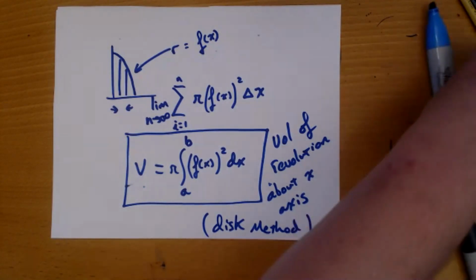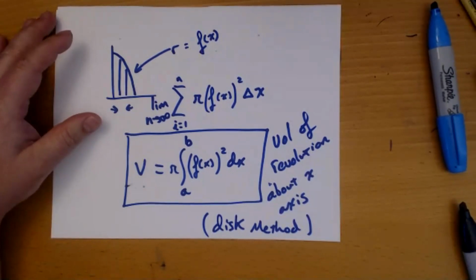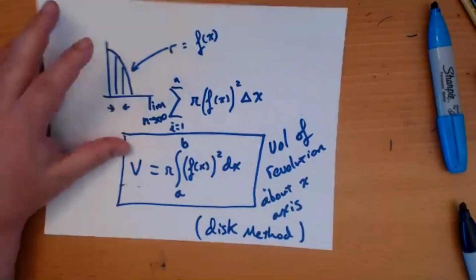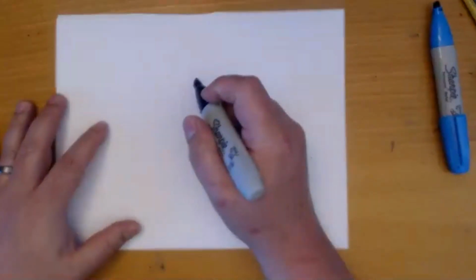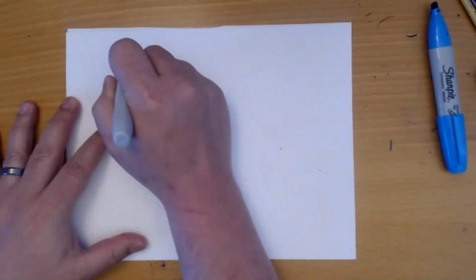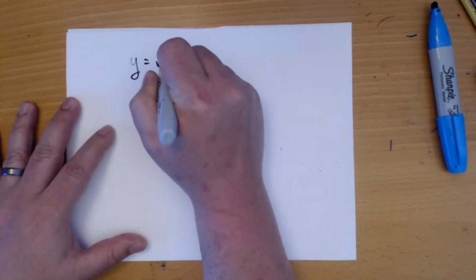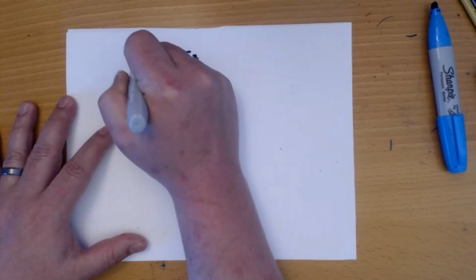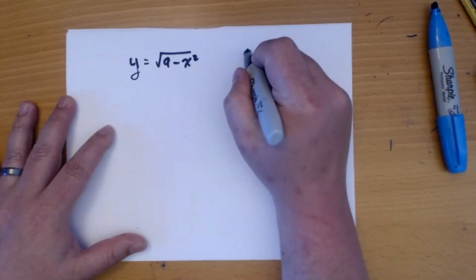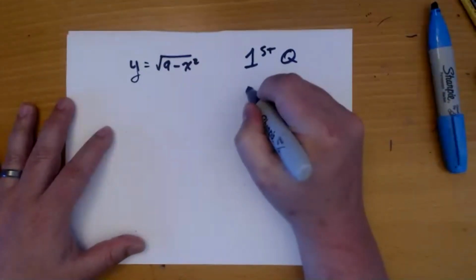Okay, so let's try a problem or two. So let's take, has everyone got this copy? We're all good? Okay, cool. So we're going to look at y equals the square root of 9 minus x squared in the first quadrant, and we're going to revolve about the x-axis.